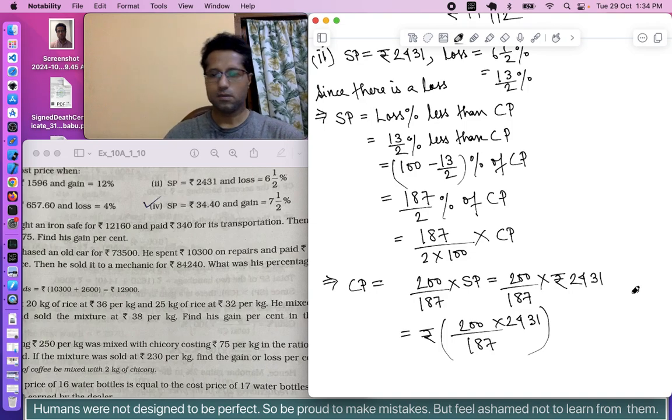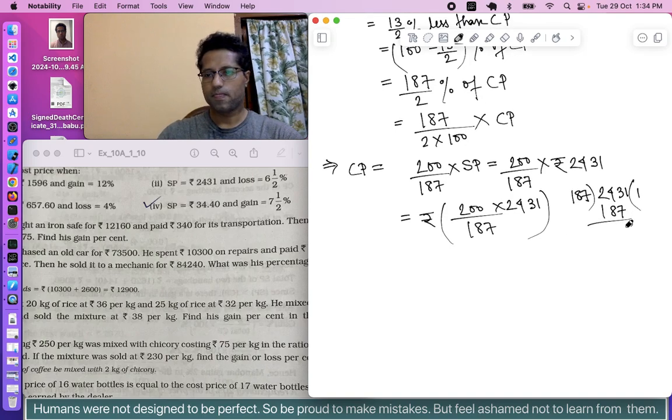Will 187 divide 2431? 187, this is 6, 9, 5, 6, 1, and I hope this should be 13. 21, yes, this is 13.